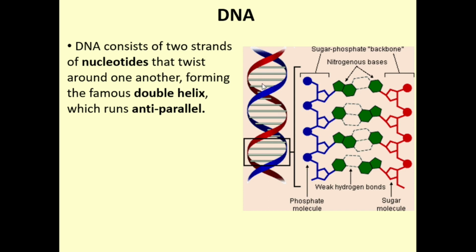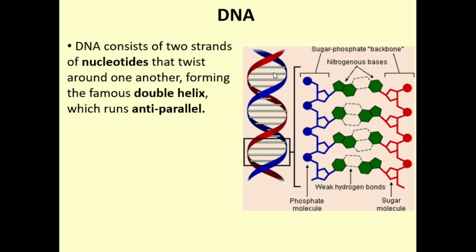So when we look at this classic DNA double helix diagram, the ribbons that you see here, the red and the blue, the handrails of a staircase if you prefer, represent the sugar and phosphate backbones of the polynucleotides.